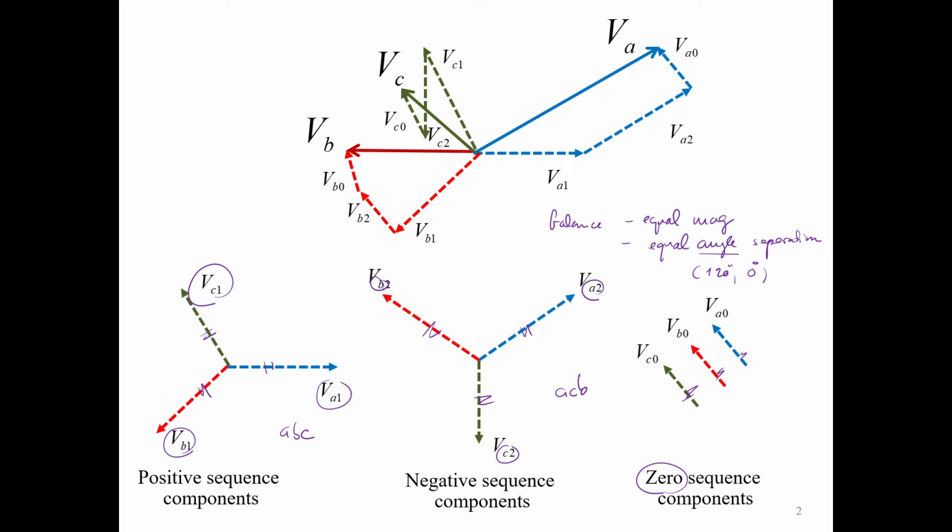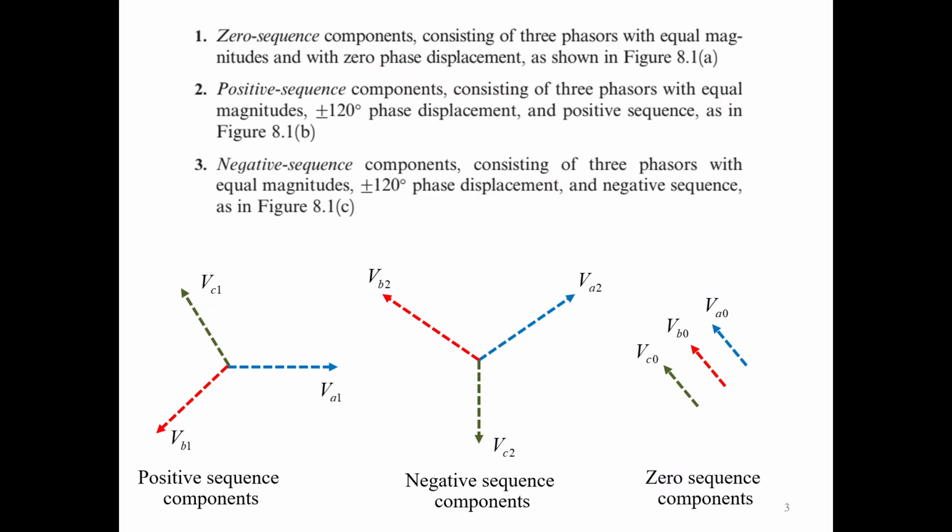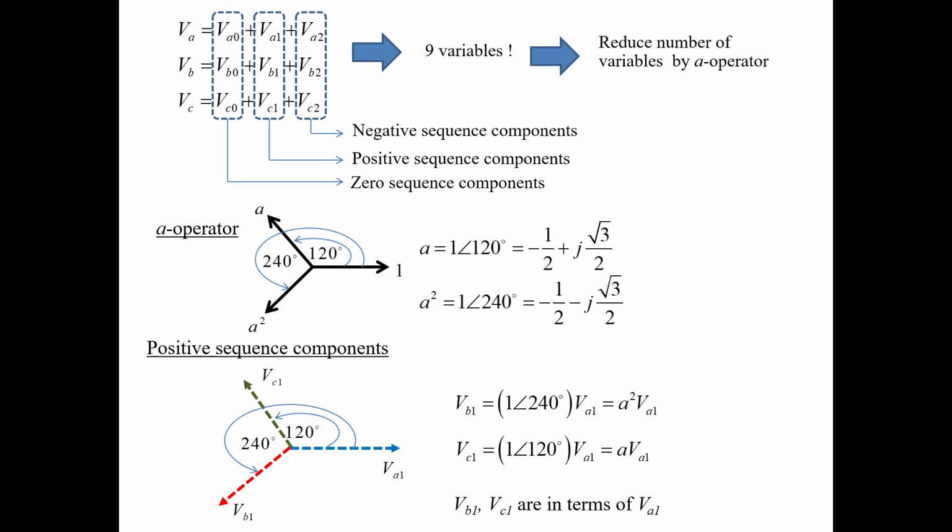This is the definition. For the zero sequence, we use the term zero phase displacement, or separation. Positive and negative could be plus or minus 120 with equal magnitude. These I have already described.